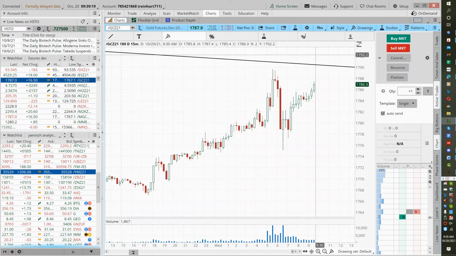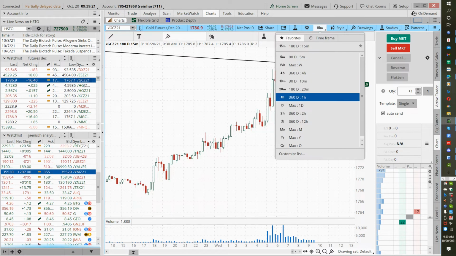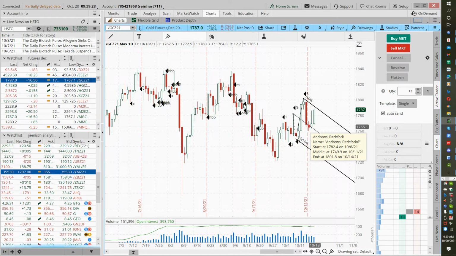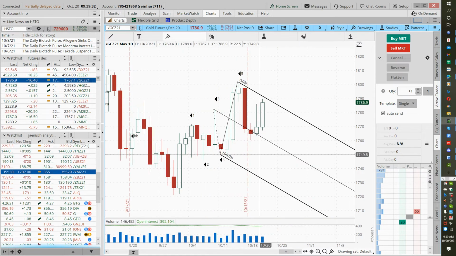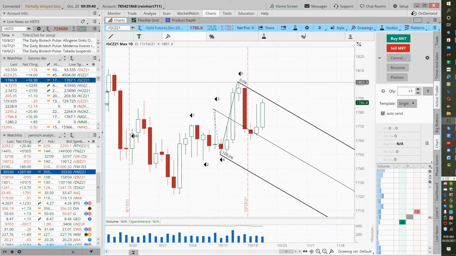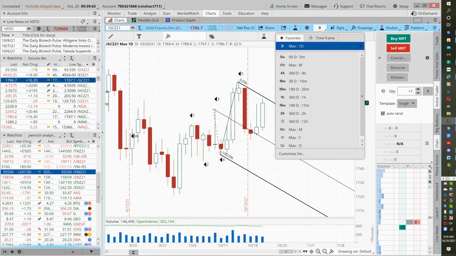So the name of the game is if you're going to enter a move, you can see it on the daily, and you can wait until you have something that gives you a lower risk point in the intraday pattern.